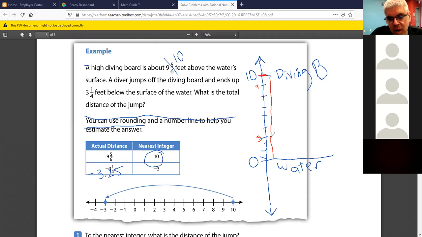He stops at the water, but if he's diving, let's say he goes hands first, then head first, will his feet be inside the water as well? Yes. So that means that his head and his feet went below the water. And it tells us right here that where he stops is at -3.